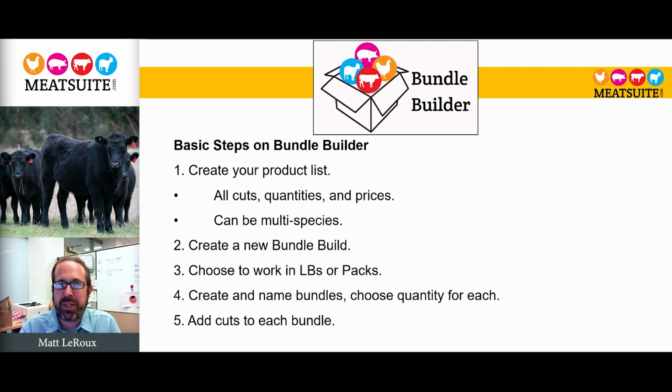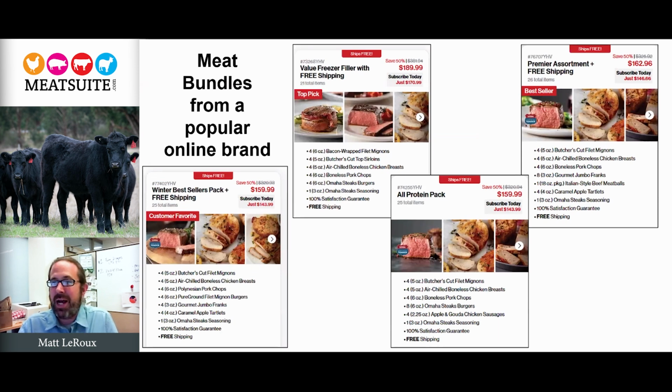So speaking of bundles and speaking of prices, I went and looked at the bundles that were for sale on Omaha Steaks. This was in March, so it's about a month ago. And here's what I found. Because I was just thinking about how it's so hard to compare two different packages from Omaha Steaks to each other to figure out which one's a better deal.